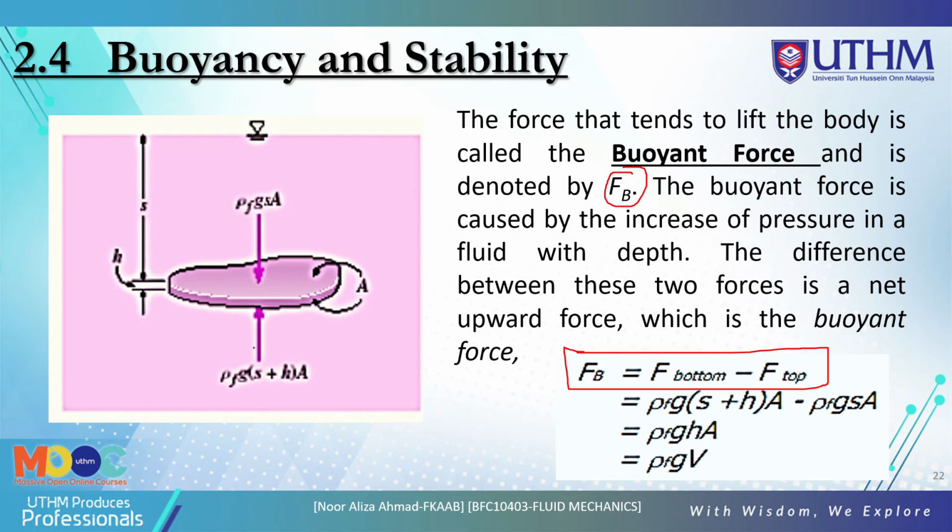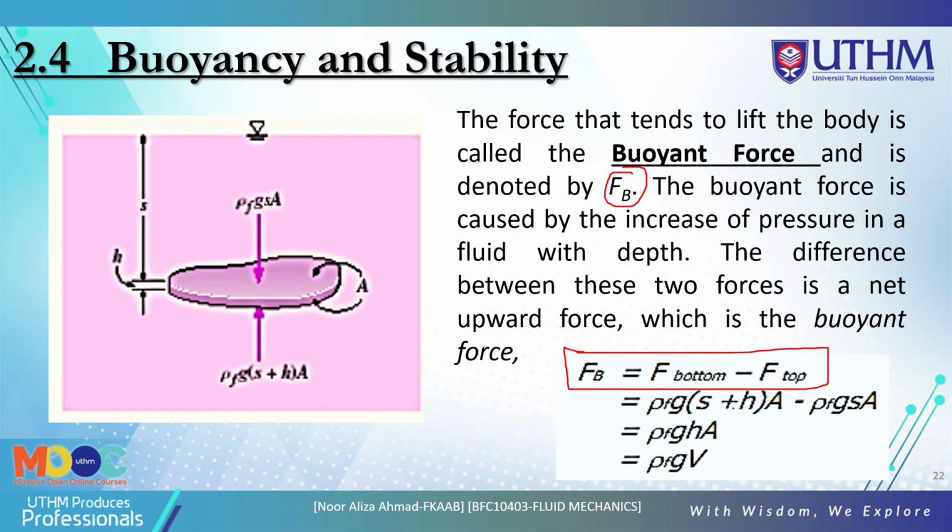The F bottom here is the density of fluid times G times S plus H. Actually, S plus H is the distance from the water surface until this area, to get the H here.